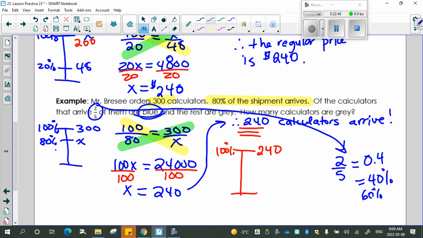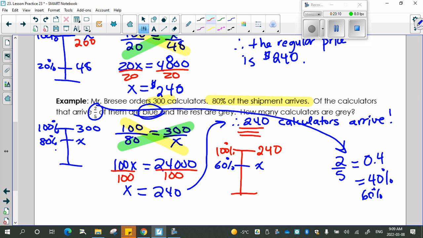The other way to do it would be to figure out how many blue ones there were and subtract from 240. Brayden, what did you do? 240 minus 96. Yes, that's the other way you could do it for sure. Okay, so we know that 60% of the ones there are gray, because 40% were blue, 60% were gray.